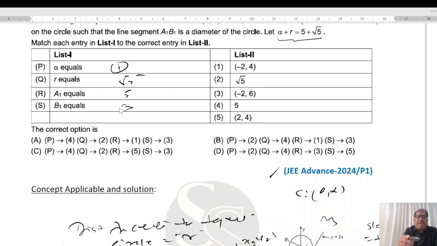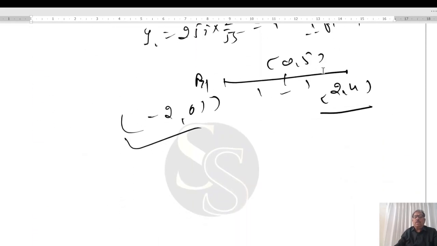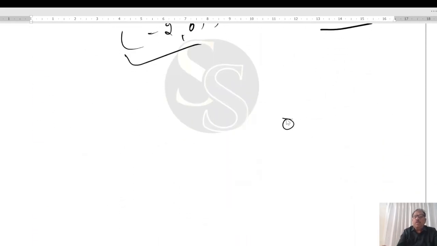Matching the lists, the answer is 4, 2, 5, 3. Option C is correct. The correct answer is option C.